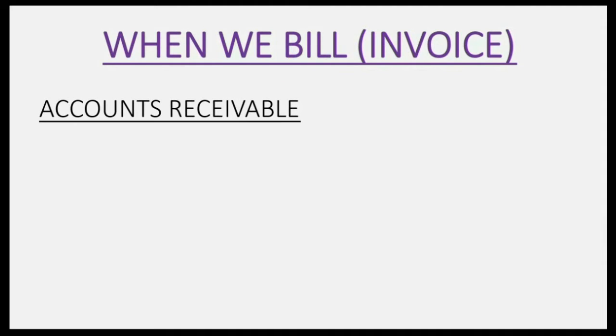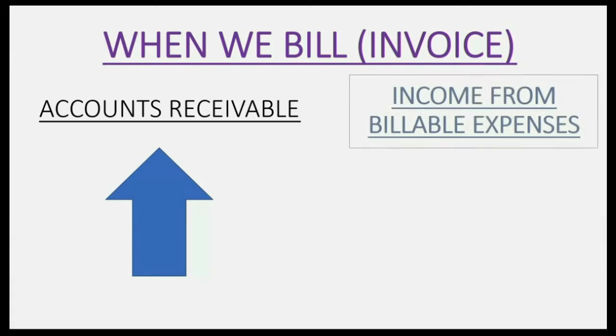Accounts receivable will still increase by the amount of the reimbursable expense. That part is the same because the client is now responsible for it at the moment that we bill. But the big difference is income from billable expenses will go up.